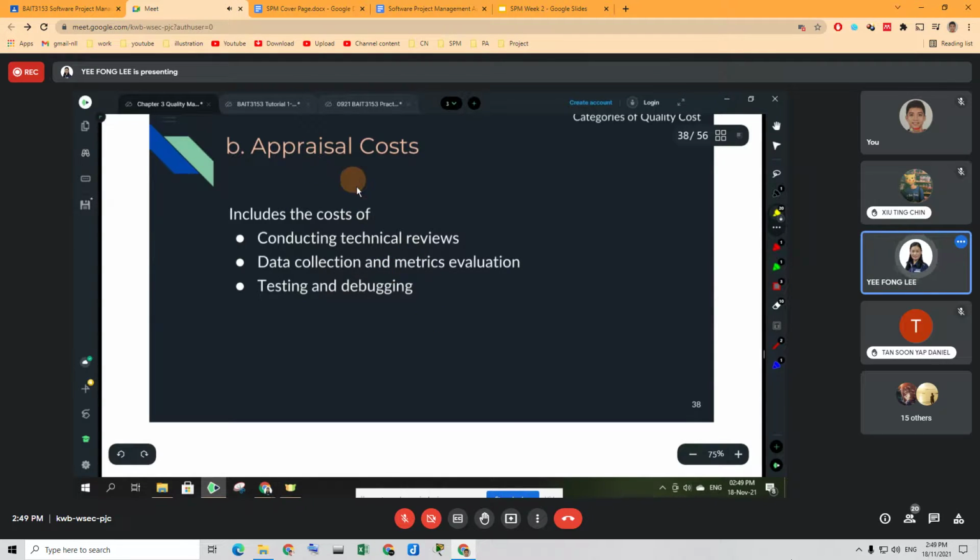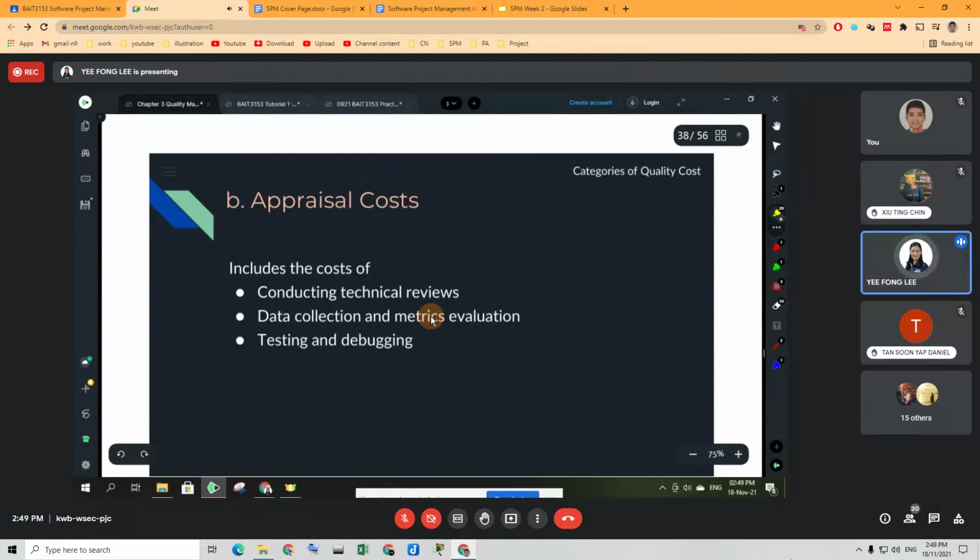This appraisal cost is also associated with the suppliers' and customers' evaluations of purchased material, process, product, and also services. Examples include the cost spent to check incoming materials, and the cost spent to check products and services against the agreed specifications or not.